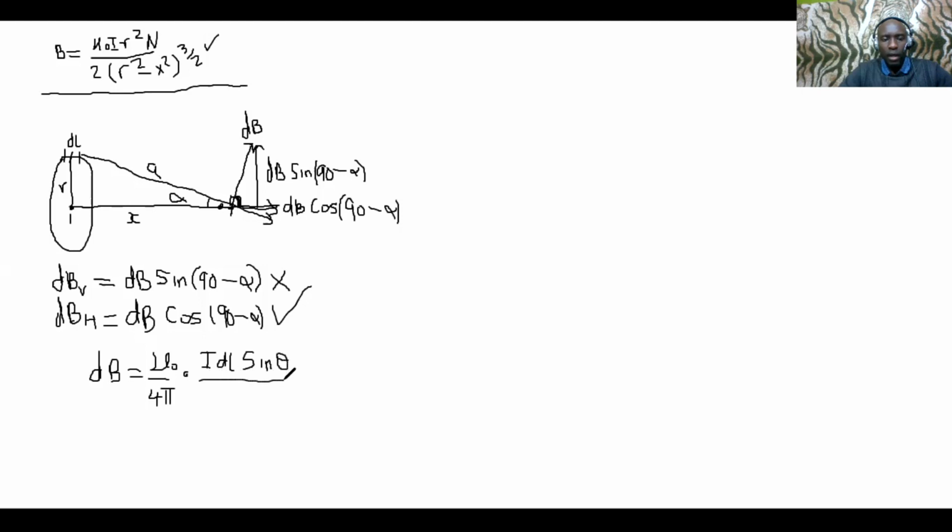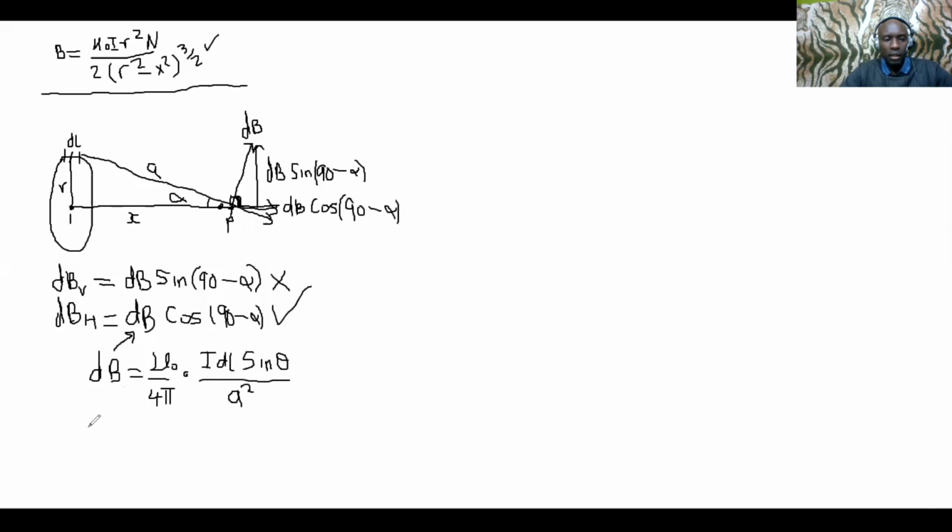We divide by the distance between the small length and point P. That distance here is A. Therefore, we put here A square. We are going to take this expression of magnetic field and substitute it here.